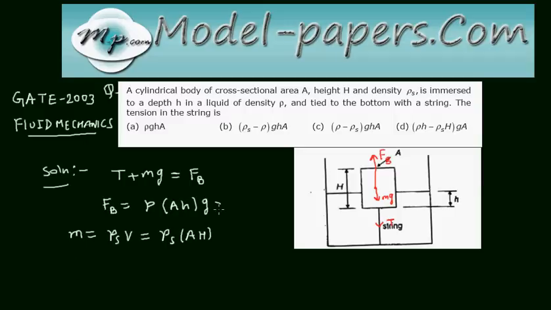So putting these two values in this equation, you can get T plus rho s into A h g equal to rho A small h into g.